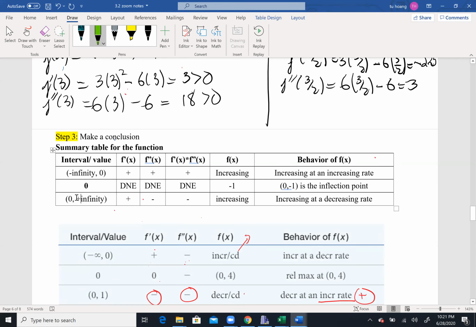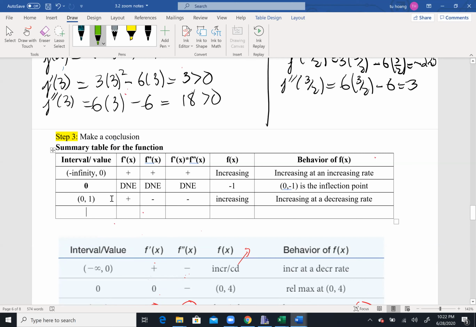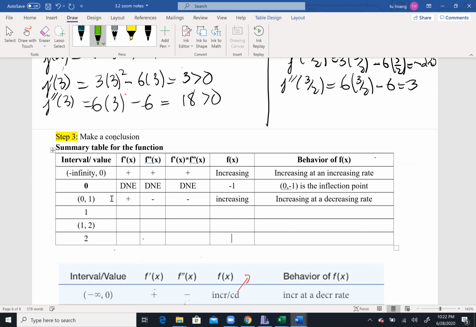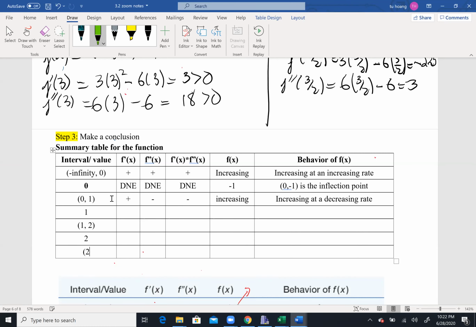From 0 to 1, and then from 1 to 2. No, for 1 here, and then 1 to 2, and 2, and then 2 to positive infinity.